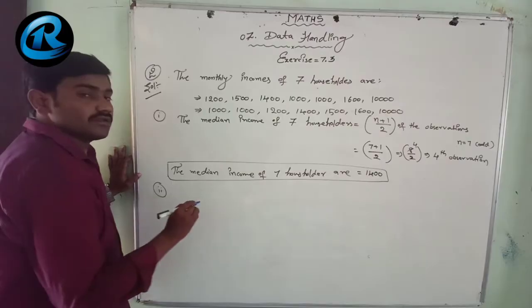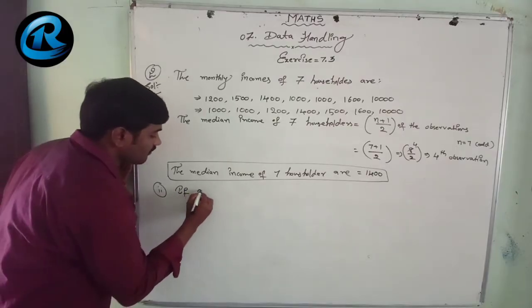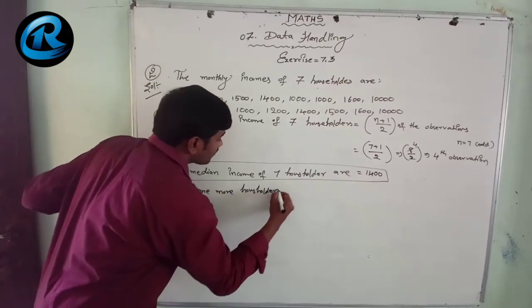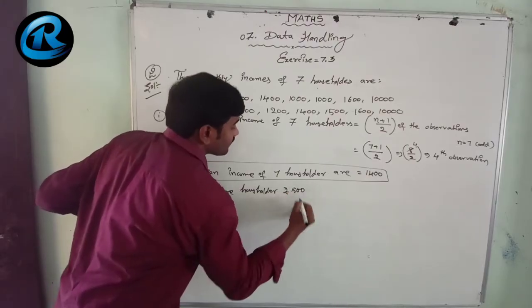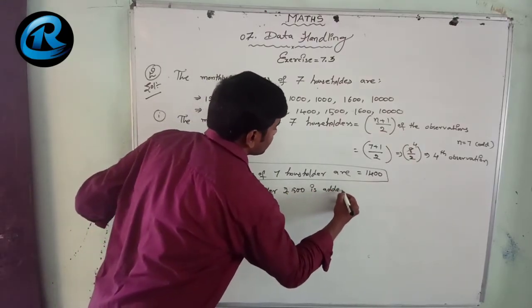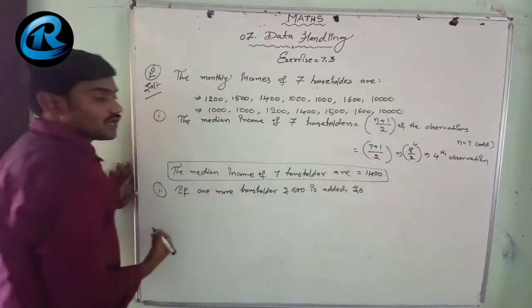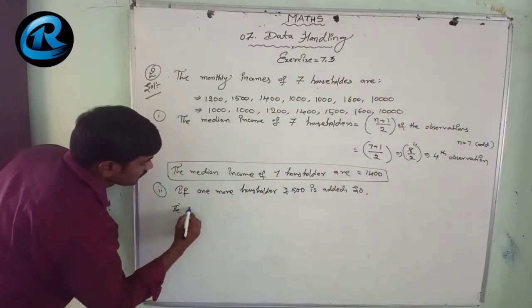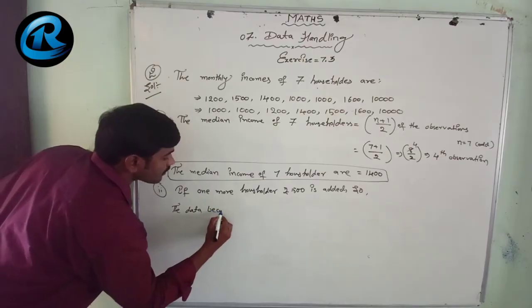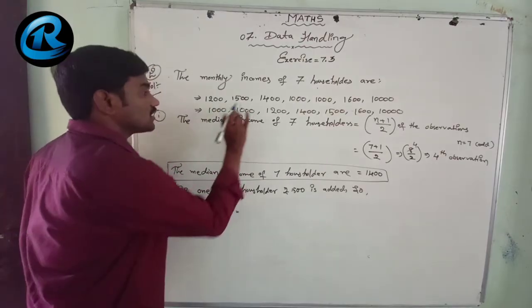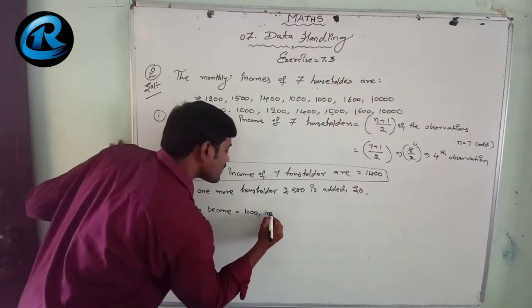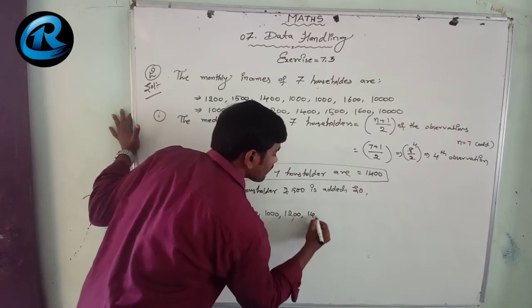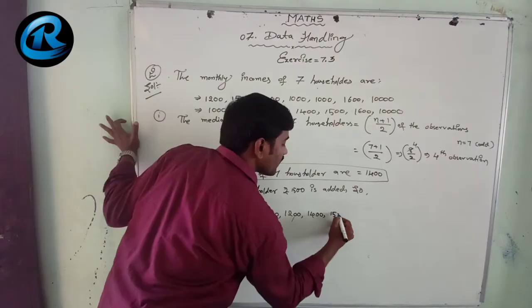If one more householder with 1500 rupees is added, the data now becomes 1000 comma 1200 comma 1400. Here already 1500.